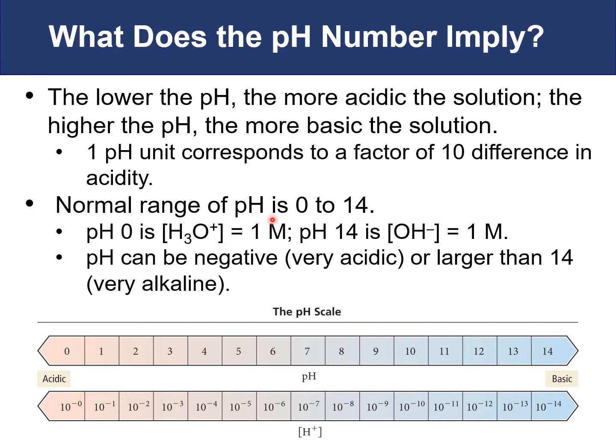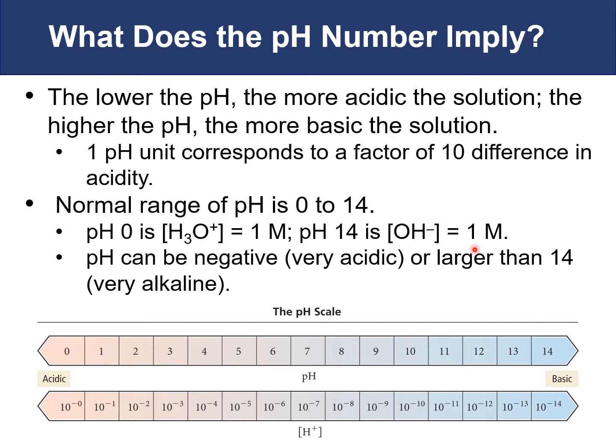So if we had a 10 molar solution of a very strong acid, it's possible that we could have a hydronium ion concentration in solution of 10 molar. If you take the negative log of 10, that's -1. So under some conditions, you can actually have pHs that are in the -1 range.